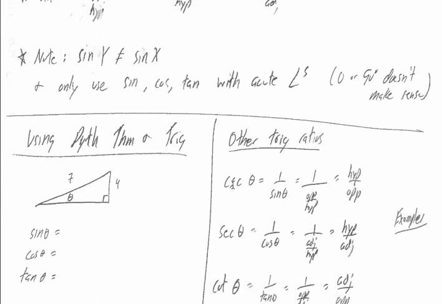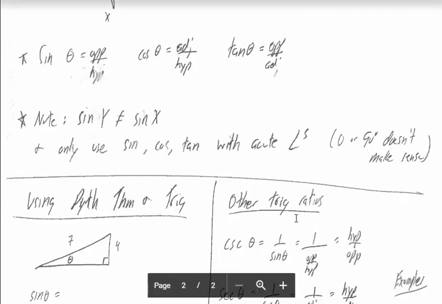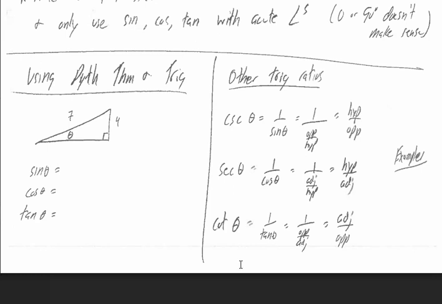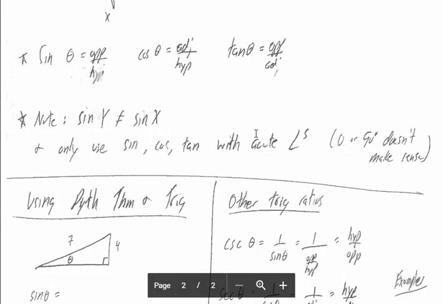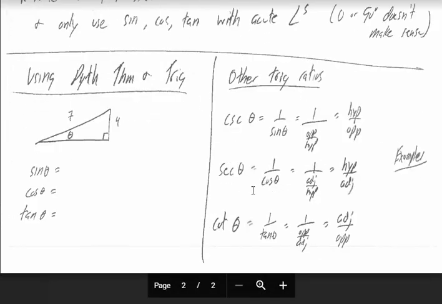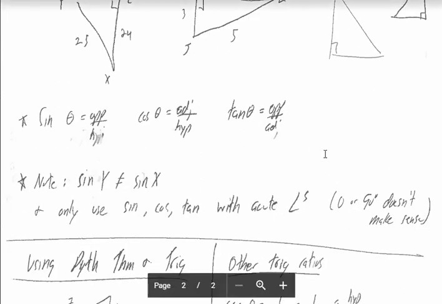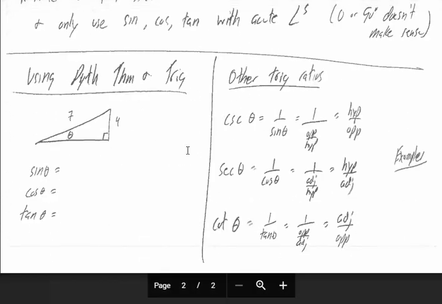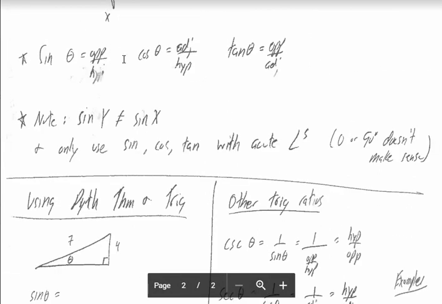That's wrong. Each one of these trig ratios has a co that goes with it: sine goes with cosecant, cosine goes with secant, and tangent goes with cotangent. Don't line up the s's and the c's. It's the other way around.